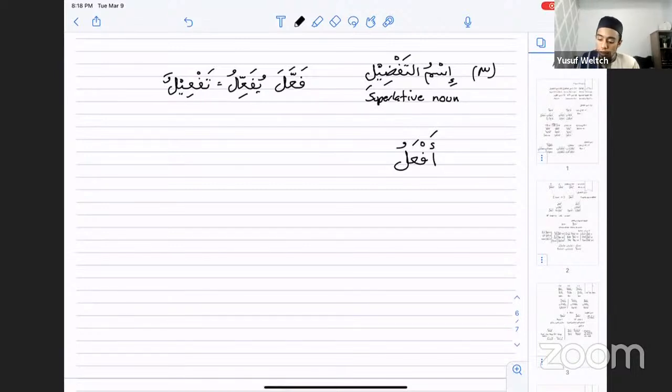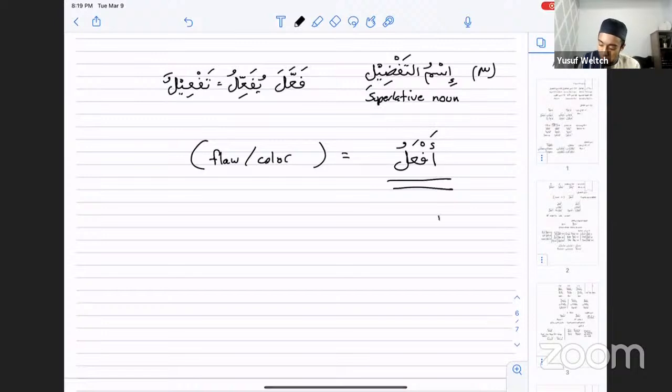Now, almost any word can be put on this scale, except for words that denote a flaw or a defect, or a color. So you can't say this is more red than that by saying ahmar. That's another type of derivative noun, which has the same exact form, but is specific to defects and colors.